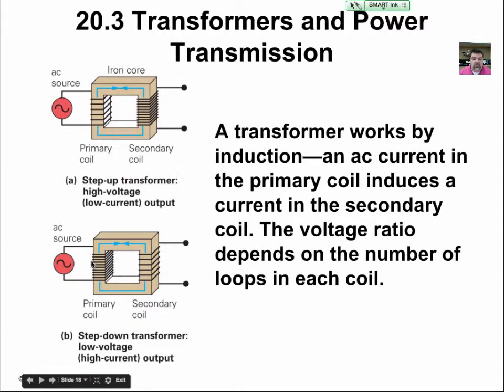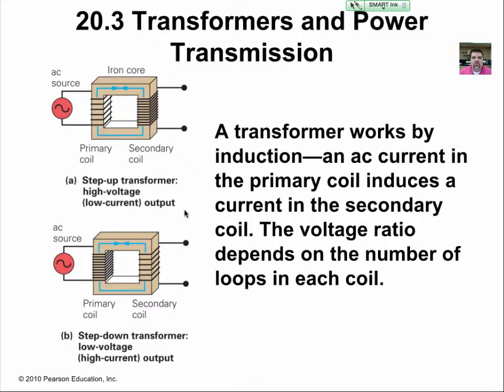Here we have a high number of loops in the primary coil and a low number of loops in the secondary coil. So this is a step-down transformer: low voltage, high current output. In our first figure A, we have fewer loops in the primary coil and more loops in the secondary coil, and that's a step-up transformer, which means high voltage, low current output, maintaining the power.